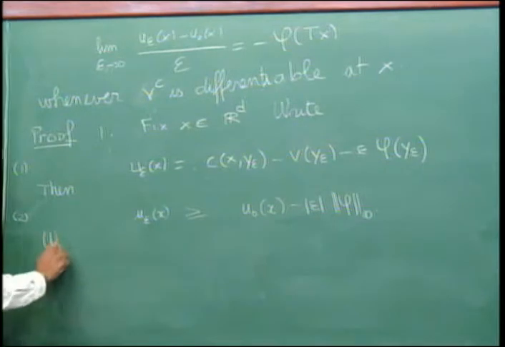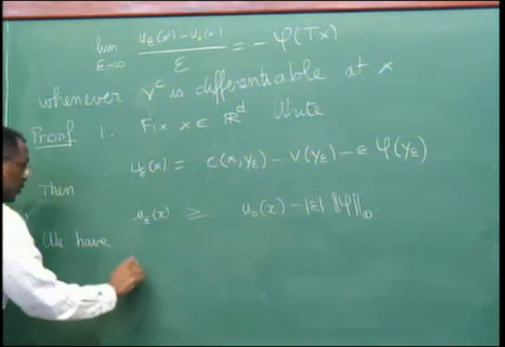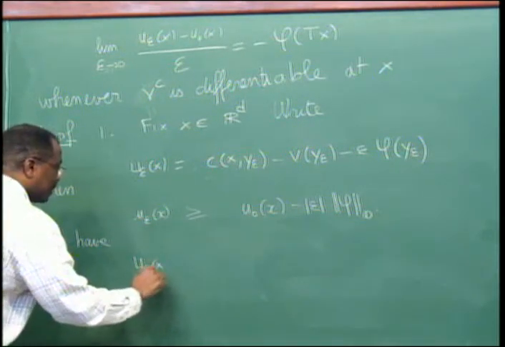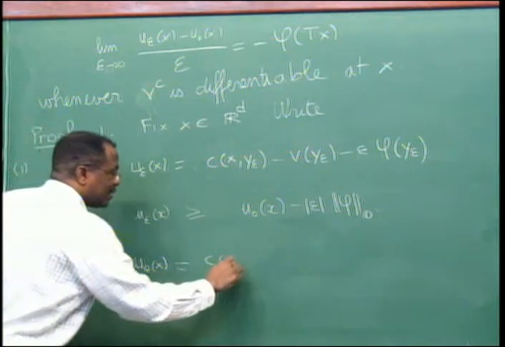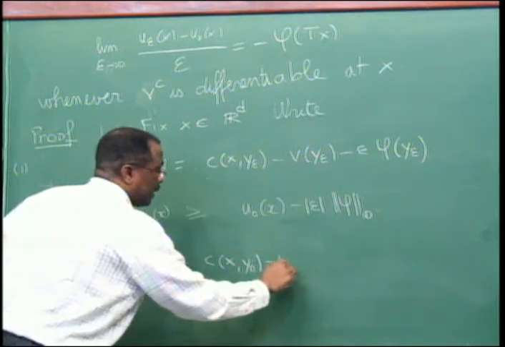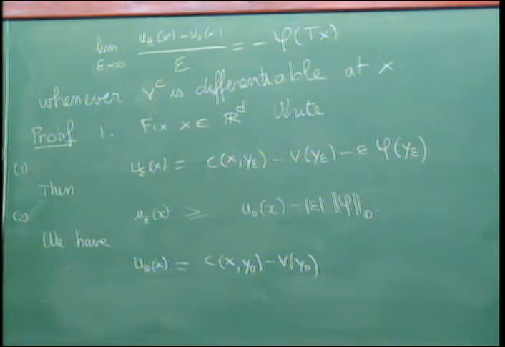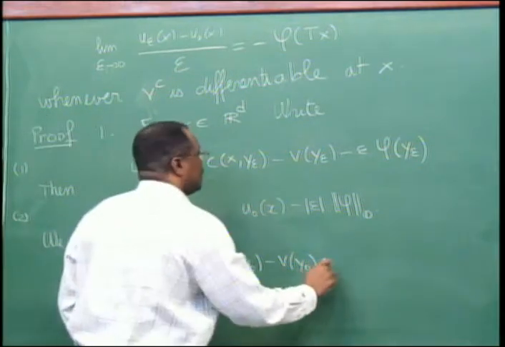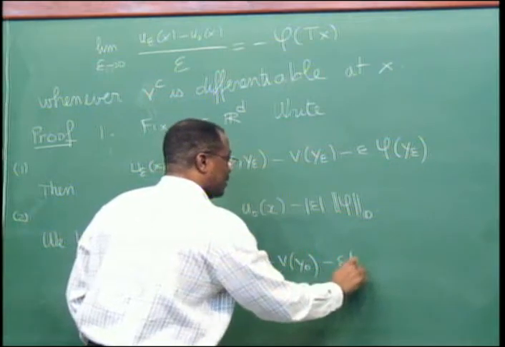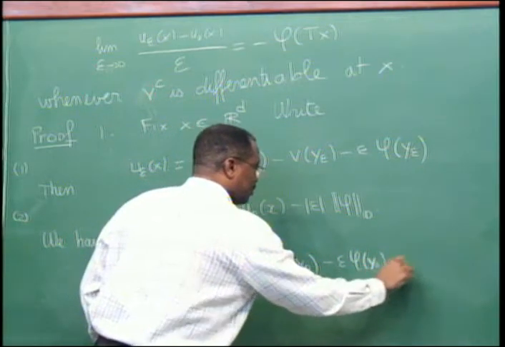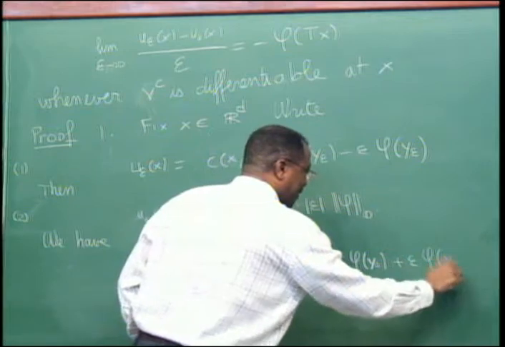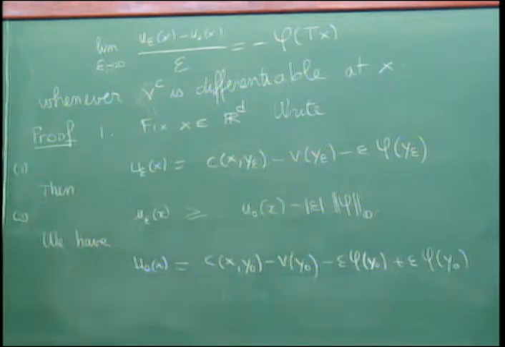We have U0 of x equal to c of x, y naught, minus V of y naught for some y naught. So I can subtract something and add what I have subtracted.